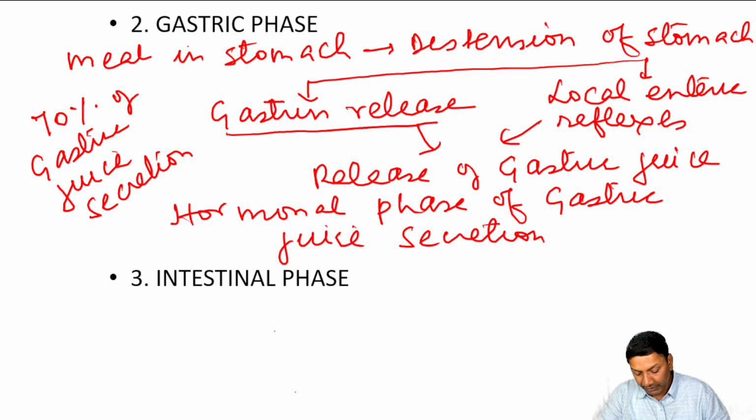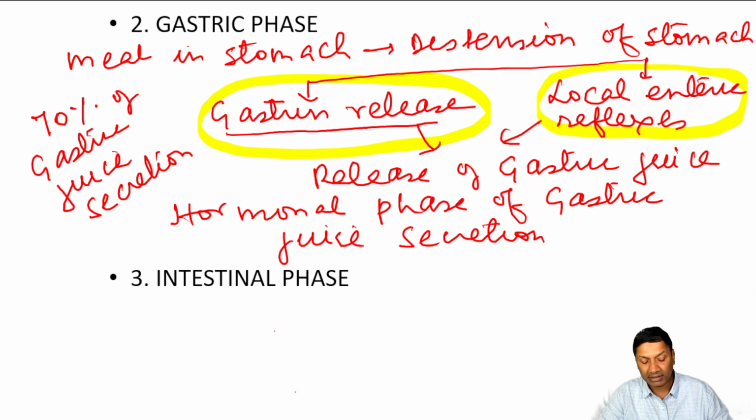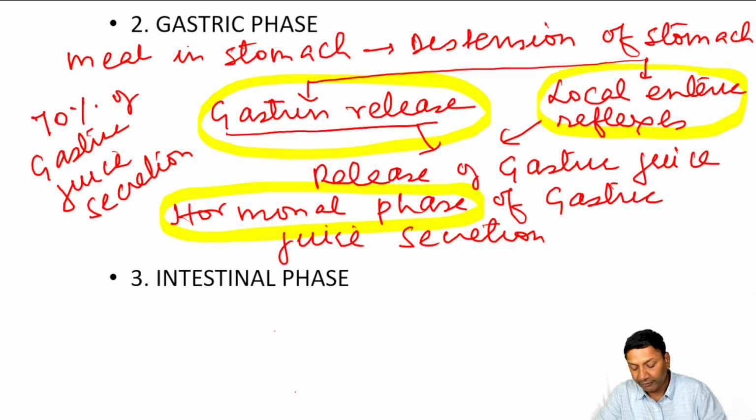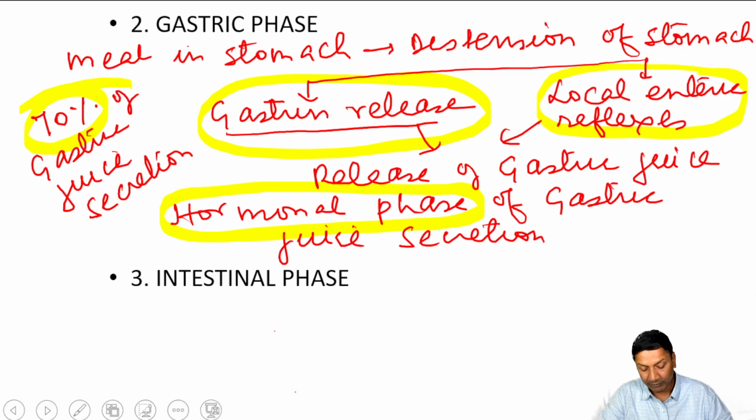So remember, in the gastric phase of the gastric juice secretion, remember the following things. Number one, the local enteric reflexes. Second, you have to remember the hormone gastrin. The third thing, it is also called the hormonal phase. And the fourth thing, it will contribute 70% of the gastric juice secretion, and this 70% is the maximum, right?